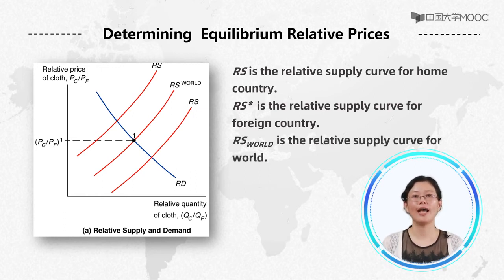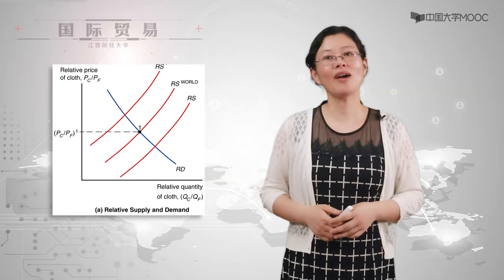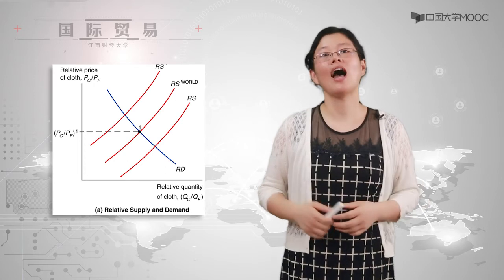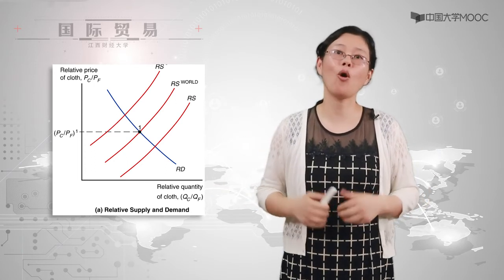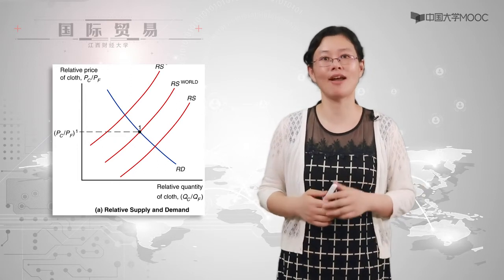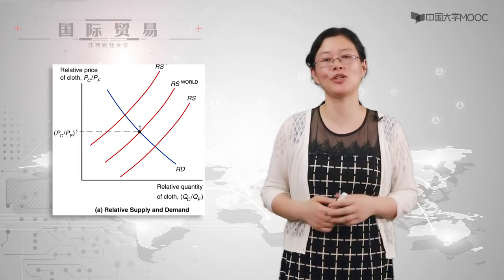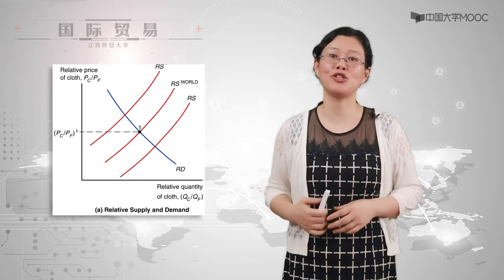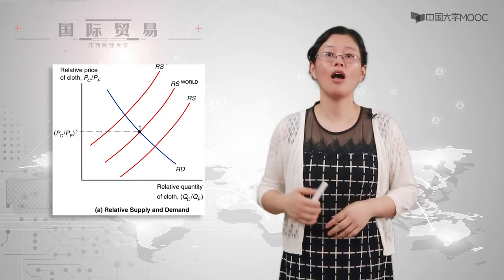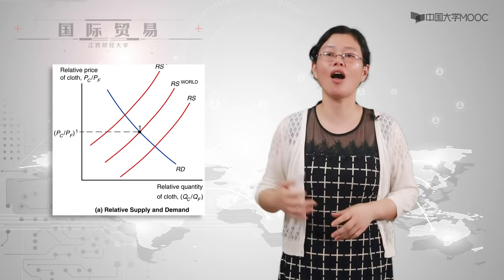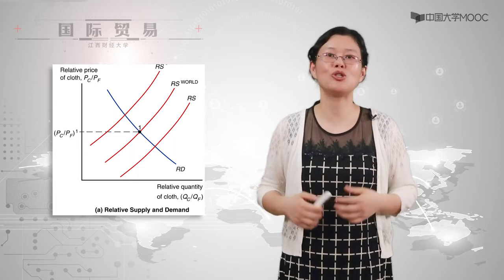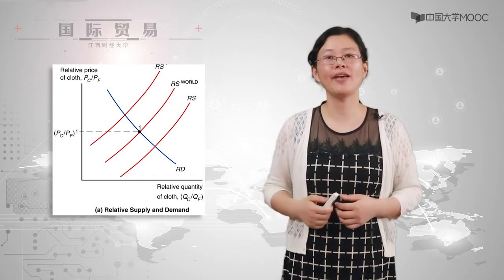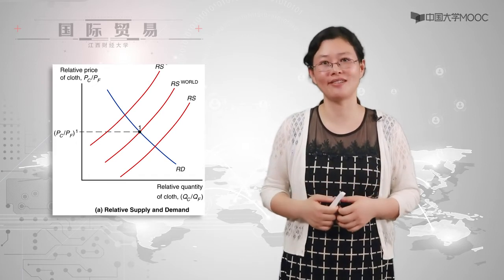RS world is the relative supply curve for the world. Because the home country exports clothes and the foreign country imports clothes, the relative supply curve for the home country will be lower than the relative supply curve for the foreign country, just like figure 1a shows. RS star is higher than RS. We also assume that the two countries share the same preferences and hence have the same relative demand curve.